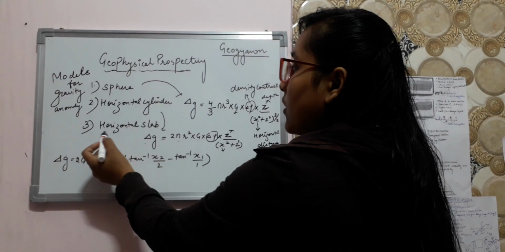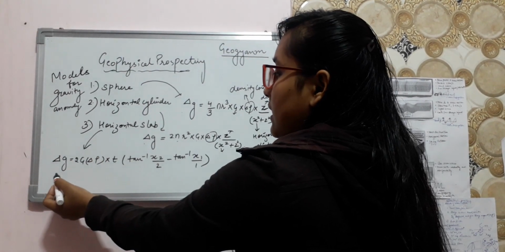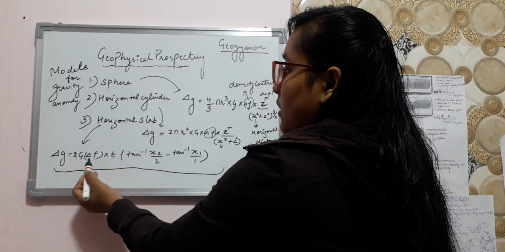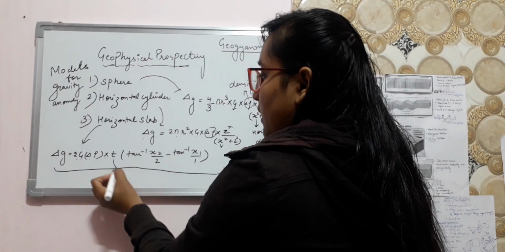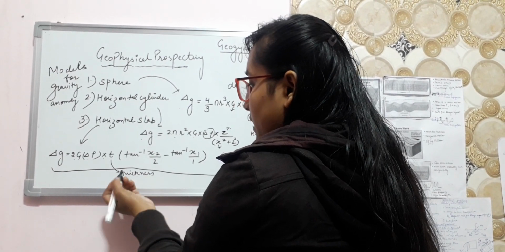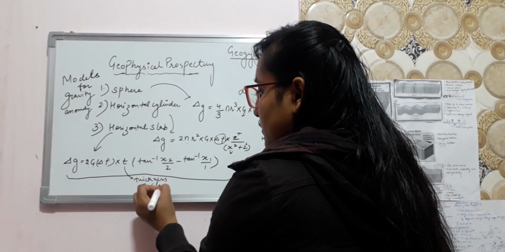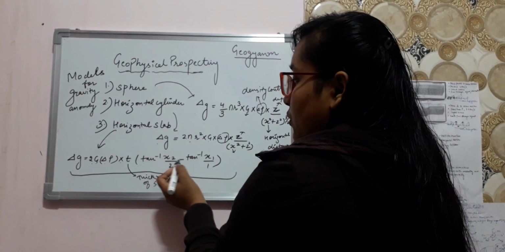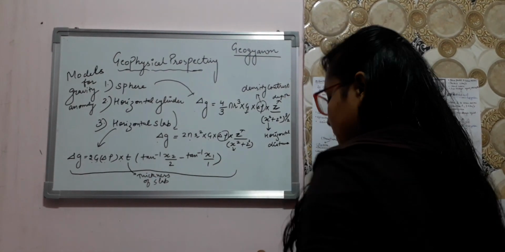And for the horizontal slab, it is delta G equals 2G delta rho into T. T is the thickness of the slab, into bracket tan inverse x2 by z2 minus tan inverse x1 by z1.